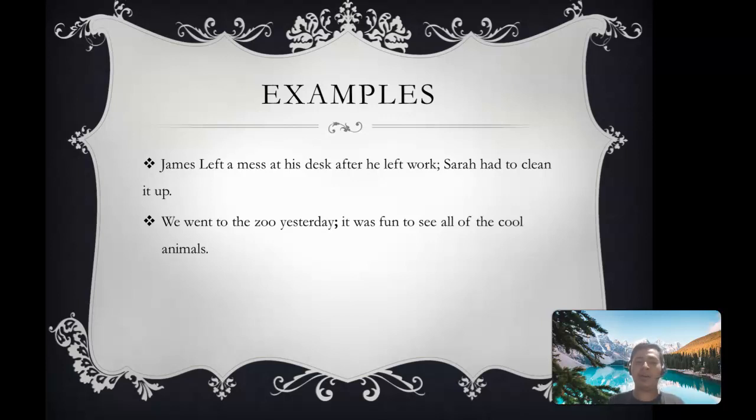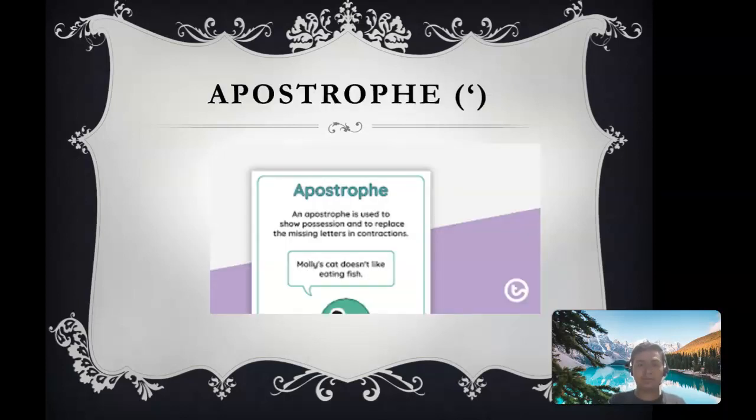As you can see, we are adding the semicolon as well. So as you can see, there are two sentences and they are related to each other. Because of that, we're going to be using the semicolon.